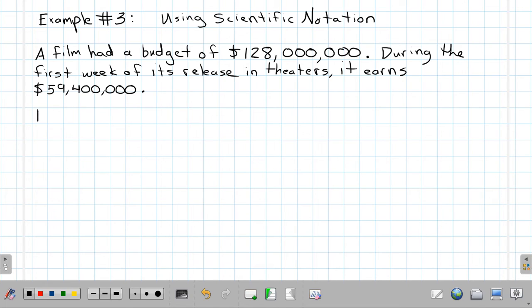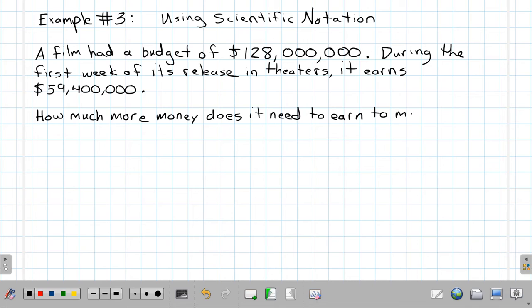So the actual question here is asking, how much more money does it need to earn to make back its budget?